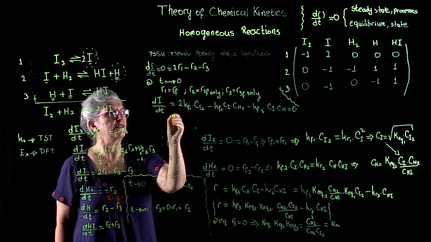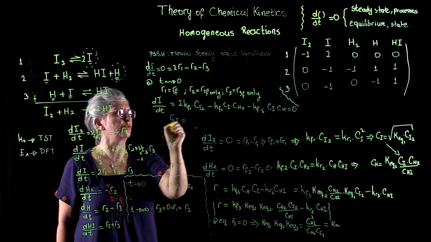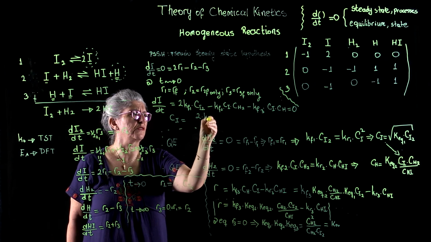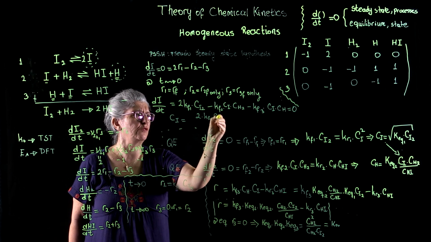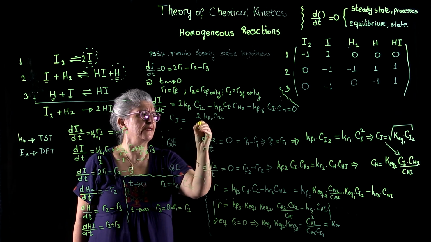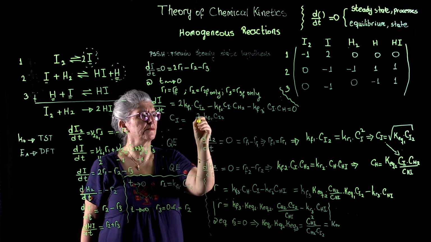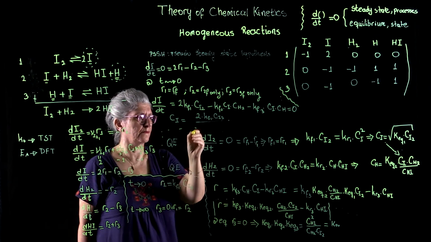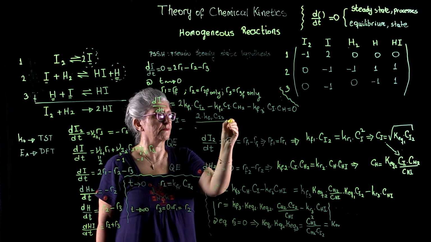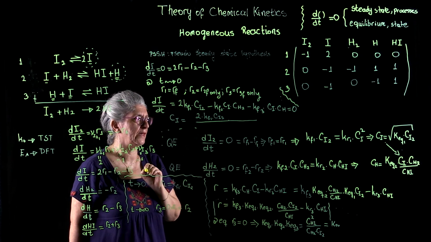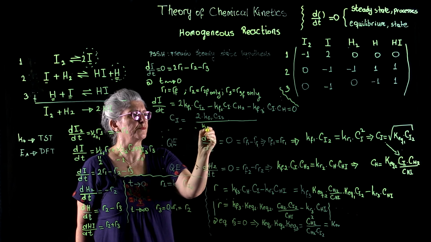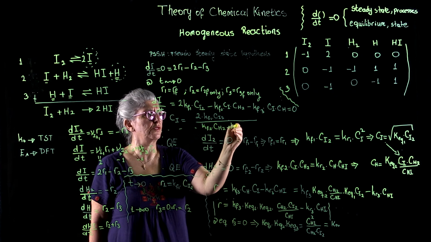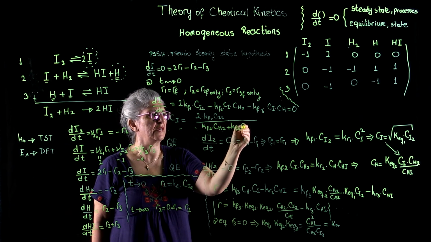So we are going to derive C_I to be equal to 2 times k forward 1 times C_I2 divided by k forward 2 times C_H2 plus k forward 3 times C_H.